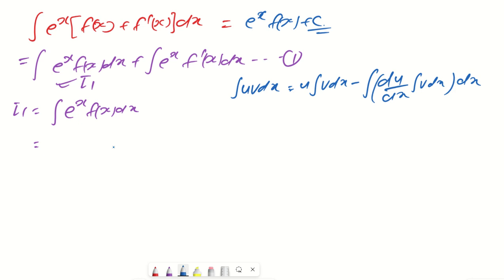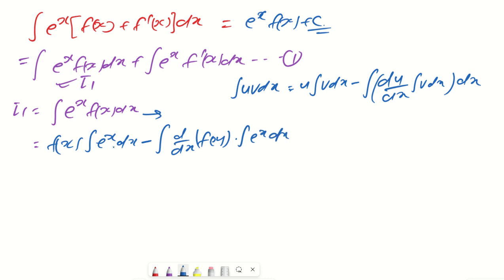Using the same concept, I am going to consider f of x as the first term and e to the power x as the second term.